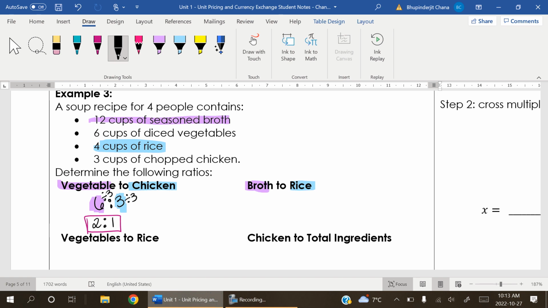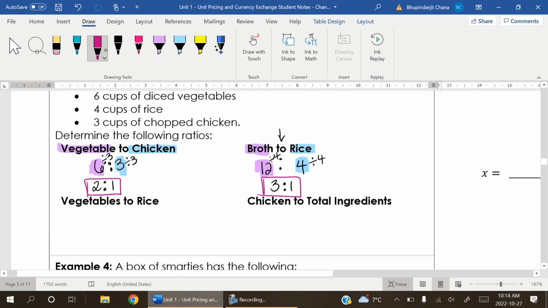So 12, and remember that the 2 means colon, to 4. Now these numbers can reduce down as well. I know that 12 can be divided by 4. So I'm going to divide both of these numbers by 4. It gives me 3 to 1. There is my final answer. I'm going to clear this highlighting here.